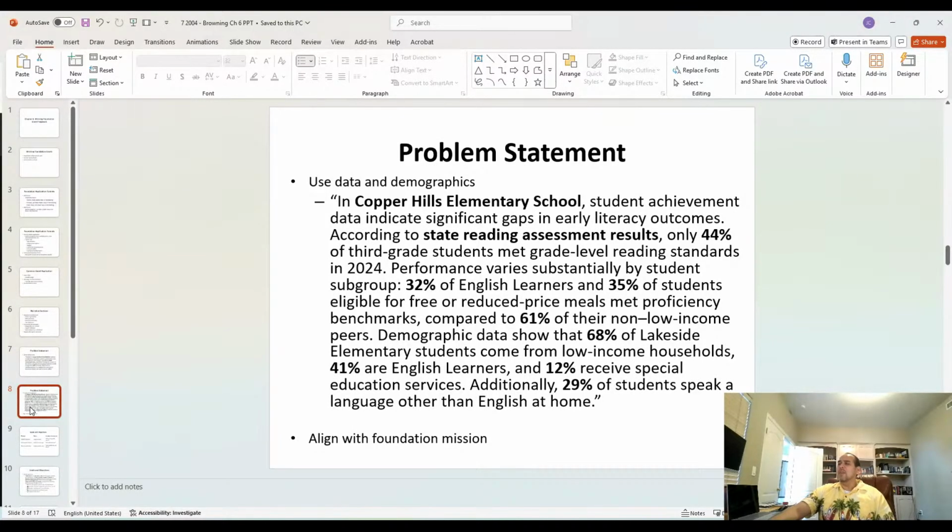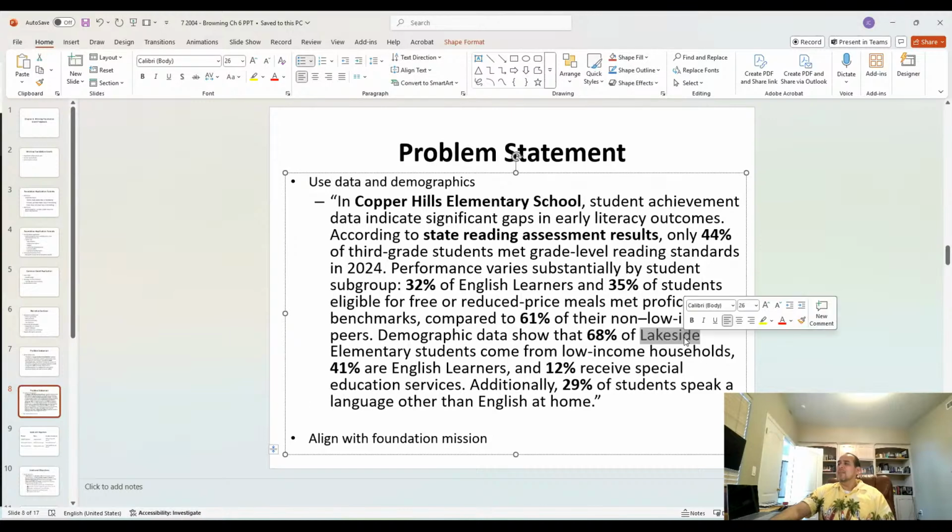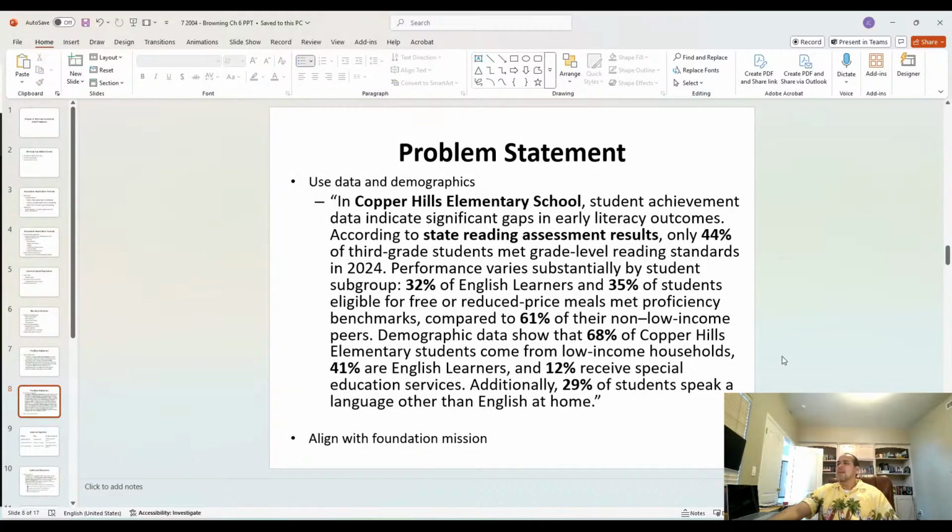Demographic data show that 68% of Copper Hills Elementary students come from low-income households, 41% are English learners, and 12% receive special education services. Additionally, 29% of students speak a language other than English at home.